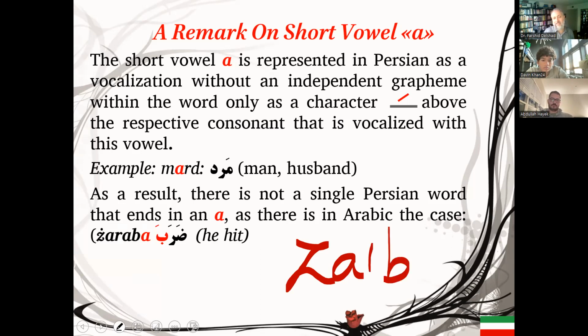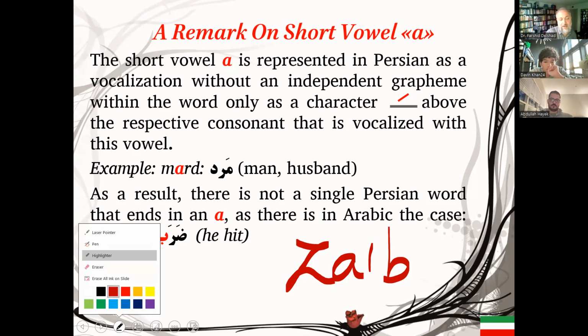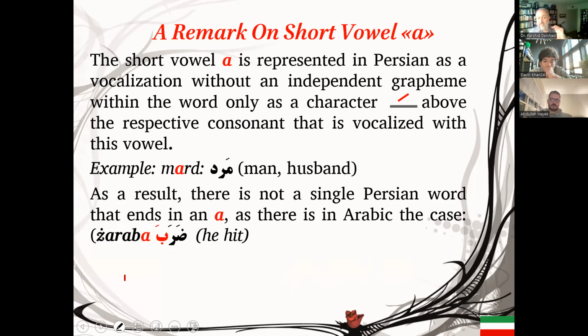It means the final vowel is dropped, or if you use the word darab, the second last vowel is dropped. So from darab it becomes zarb. And that is what I want to tell you: the final vowels, even if they were present in the original language, will be dropped in Persian. That is important when you encounter these Arabic words, particularly for an Arabic speaker. He has to know that the final vowels become consonants.